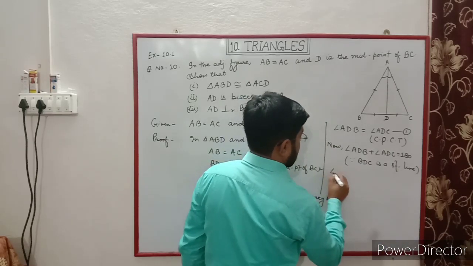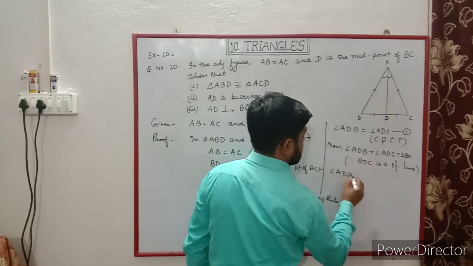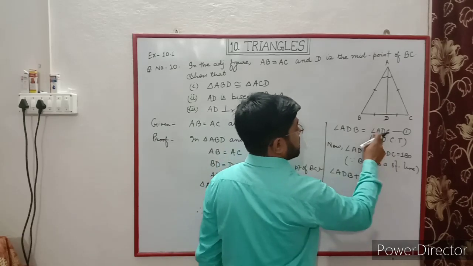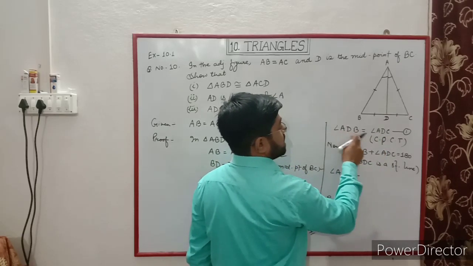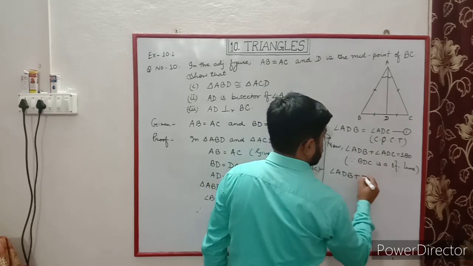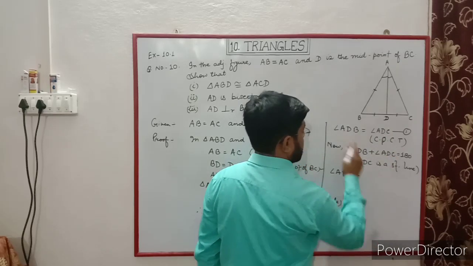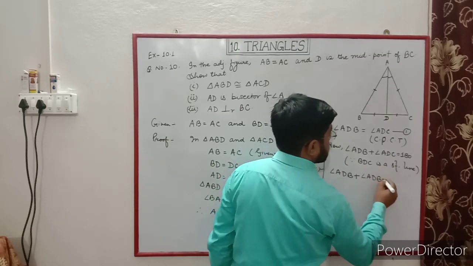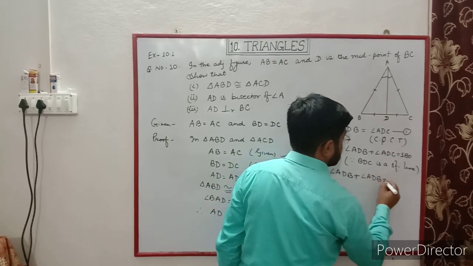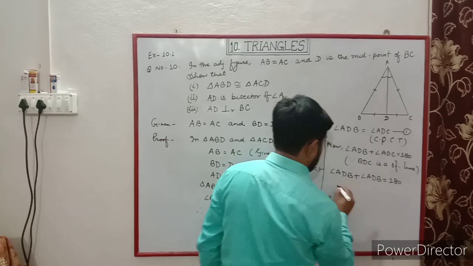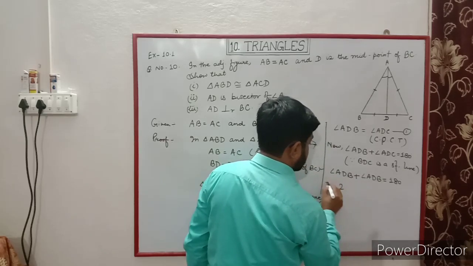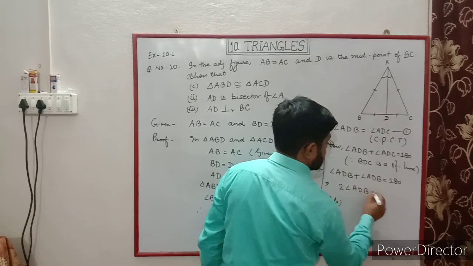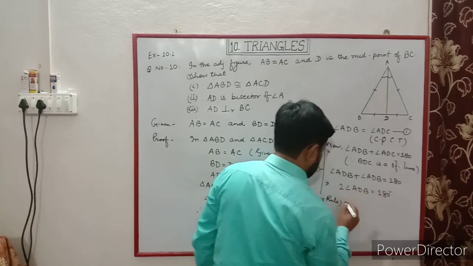Now angle ADC is replaced by angle ADB by equation 1, so twice angle ADB is equal to 180 degrees.